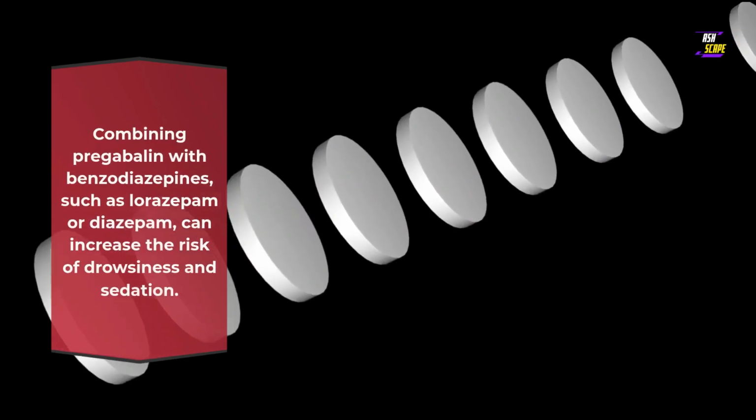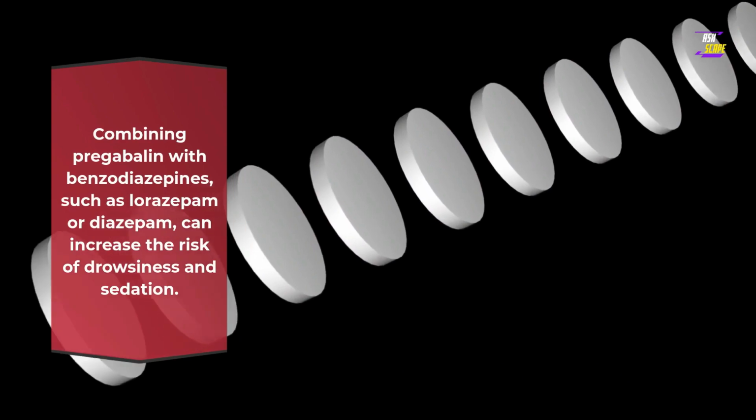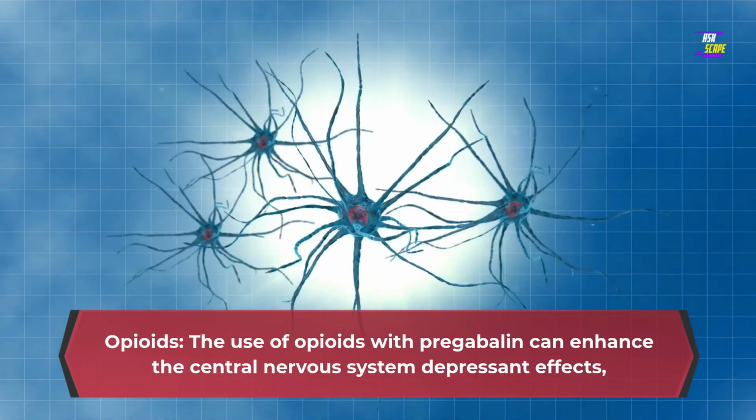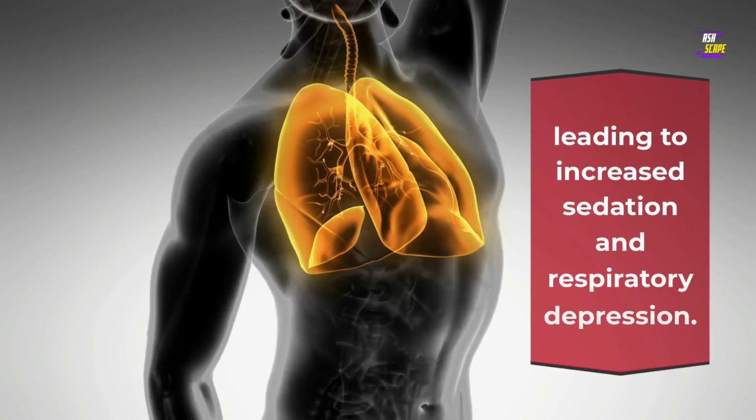Benzodiazepines. Combining pregabalin with benzodiazepines, such as lorazepam or diazepam, can increase the risk of drowsiness and sedation. Opioids. The use of opioids with pregabalin can enhance the central nervous system depressant effects, leading to increased sedation and respiratory depression. Sedative medications.